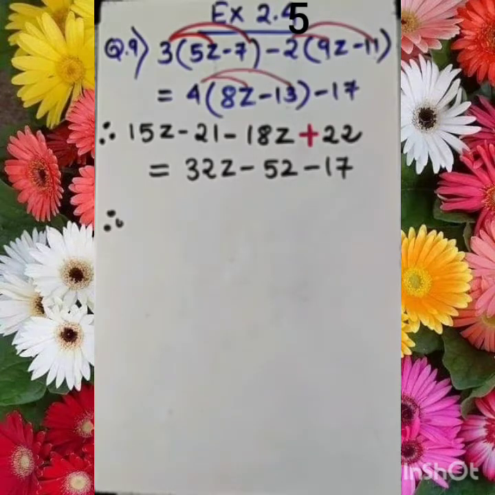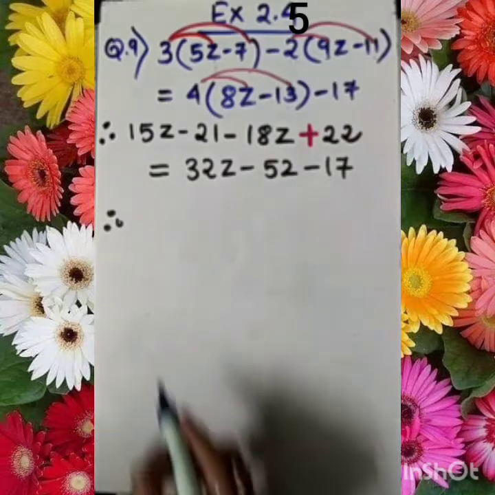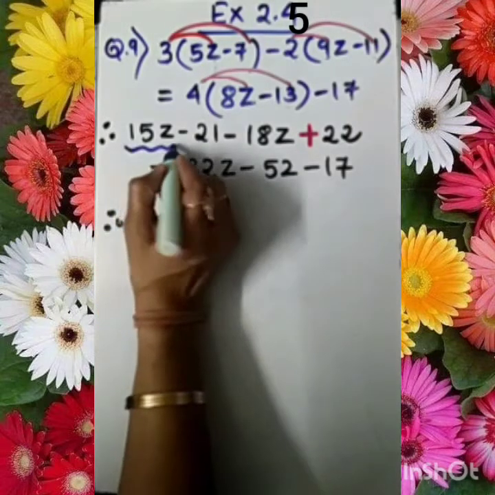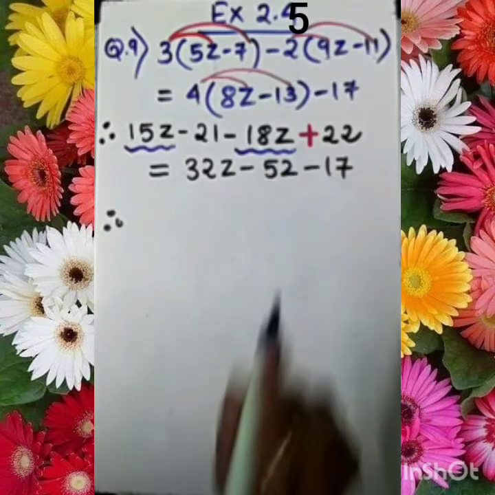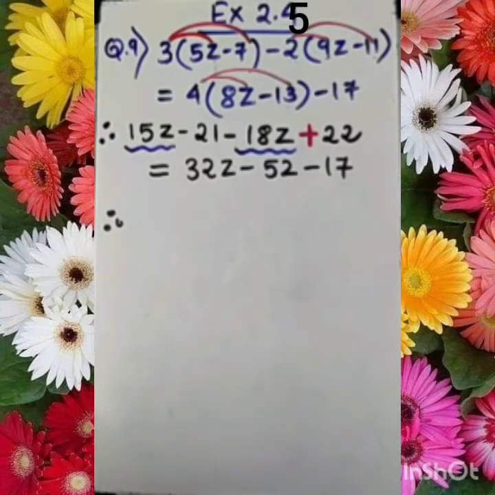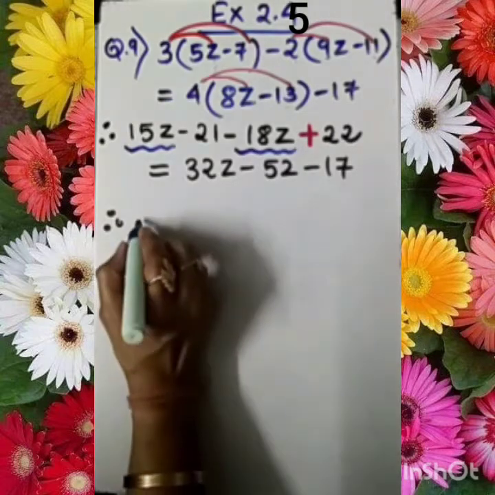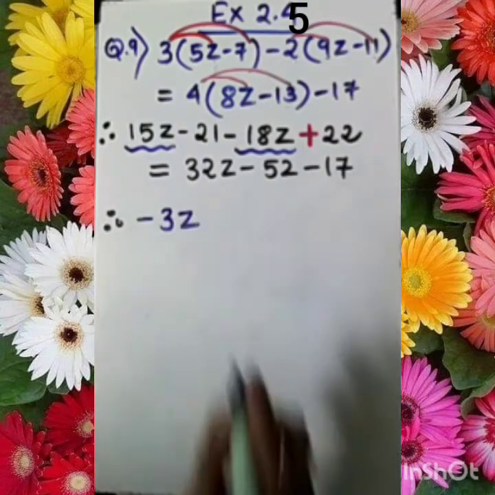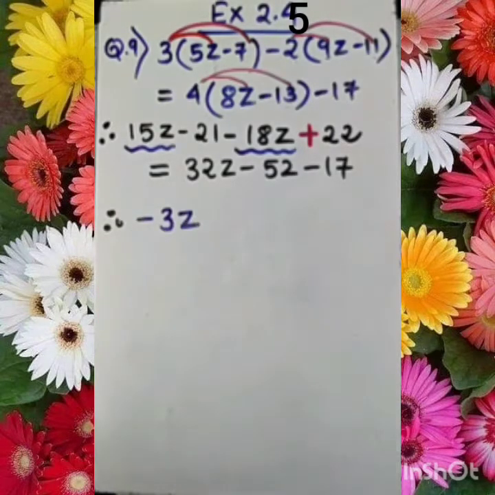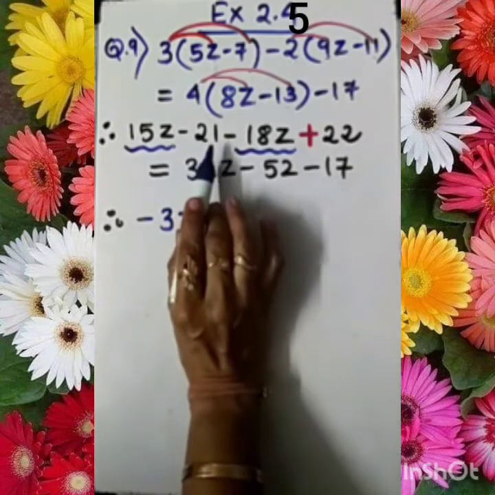Now, very simple, very easy. Let's work out on the like terms. Okay. So on the left side, if we put the like terms together, then they will be 15z minus 18z. So my dear student, 15 minus 18 is minus 3z. Agree? Similarly, we need to work out on the constant terms present on the left side.